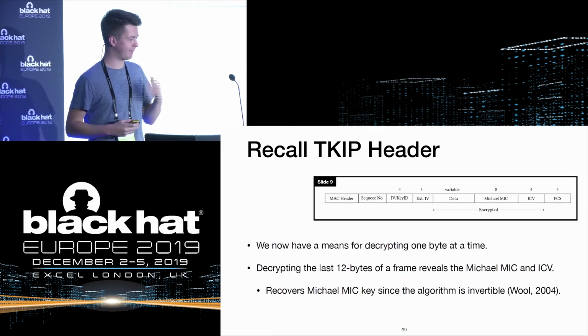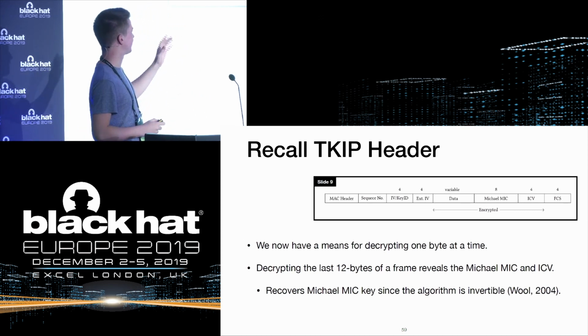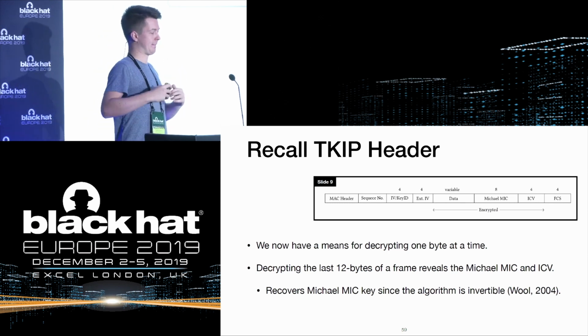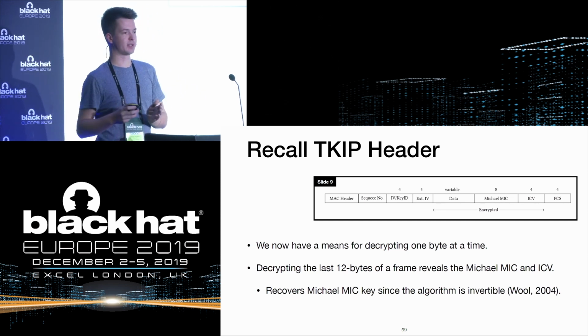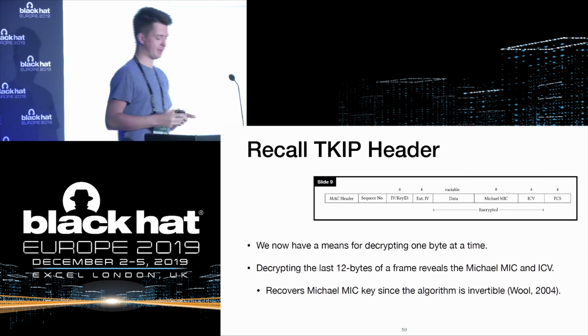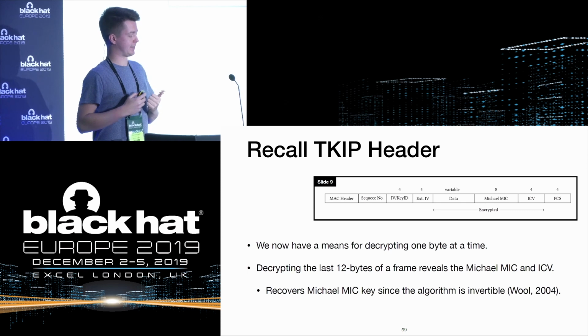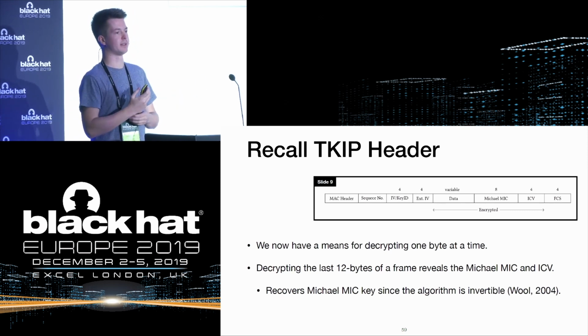For this, we need to think back to our TKIP header, where we see the encrypted part as the data and 12 bytes for the Michael MIC and ICV. We are only interested at this point in decrypting these last 12 bytes, because we want to recover the Michael MIC and the ICV. If we know what some of the contents of a frame are, an easy example would be an ARP request.